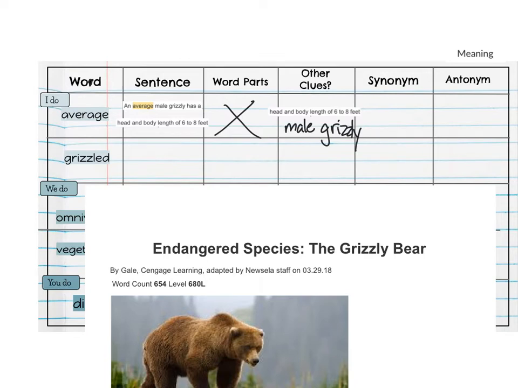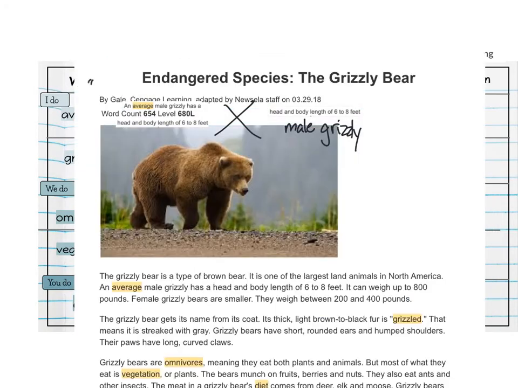And let's go back to the text and see if we have any other clues that can help us around the word average. As I go back to paragraph 1, I'm noticing this entire paragraph is all about describing the grizzly bear. It's a type of brown bear, one of the largest land animals in North America.